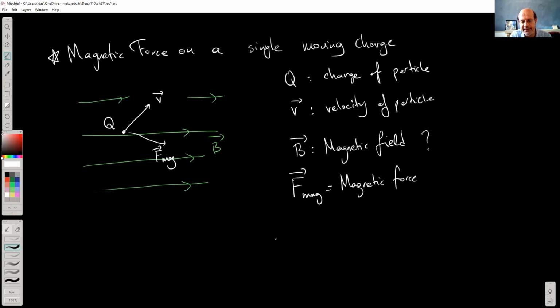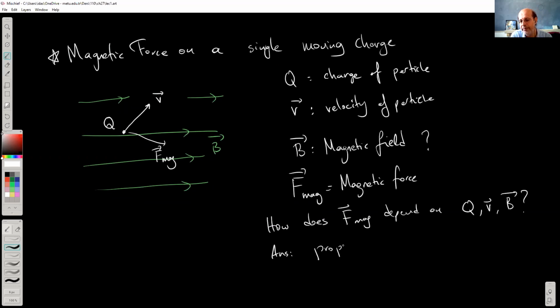So the question is, how does F mag depend on the charge, velocity, and the magnetic field? The answer is that it should be proportional to all of them.